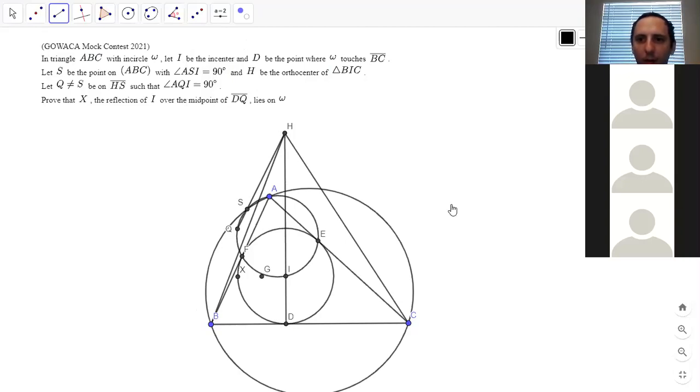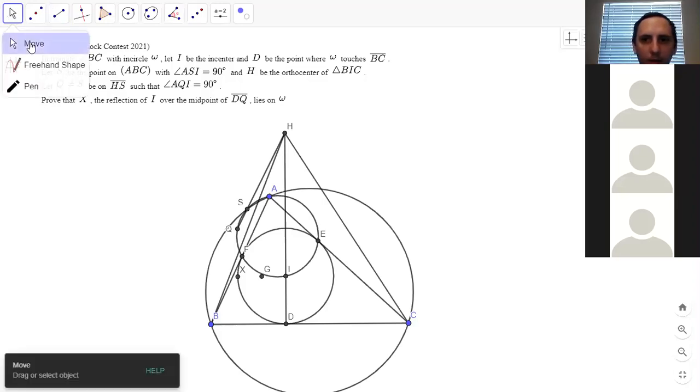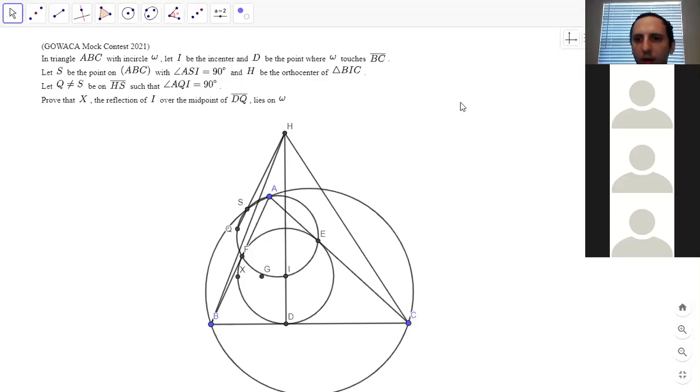Oh, is this problem trivial after inversion? Or HD is perpendicular to BC. They are talking about the other problem. Oh, they're talking about what Hakan proposed. Okay. Interesting.